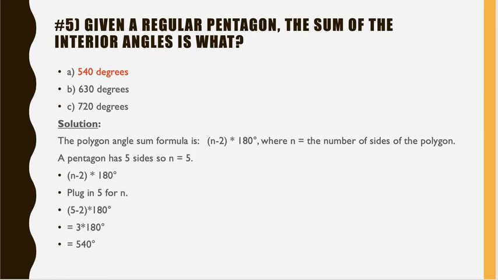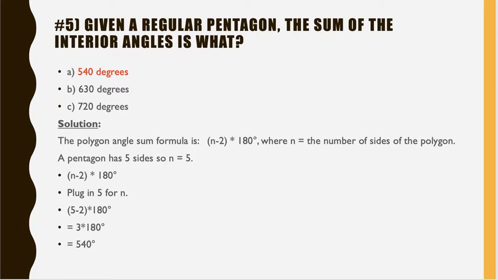Answer choice A. The polygon angle sum formula, so just the general formula for the sum of interior angles of a particular sided polygon is n minus 2 times 180 degrees, where n is the number of sides of the polygon.